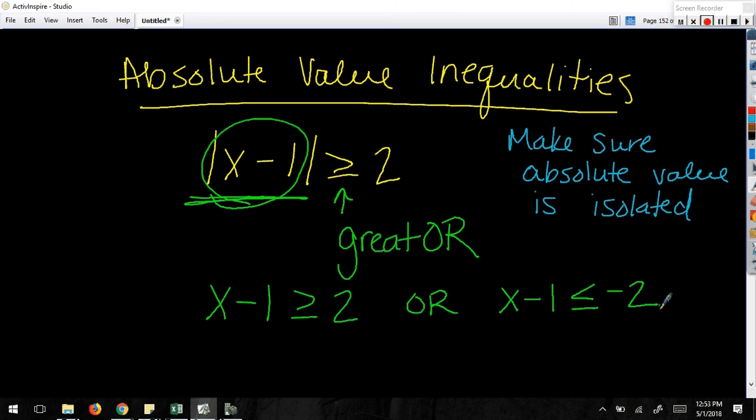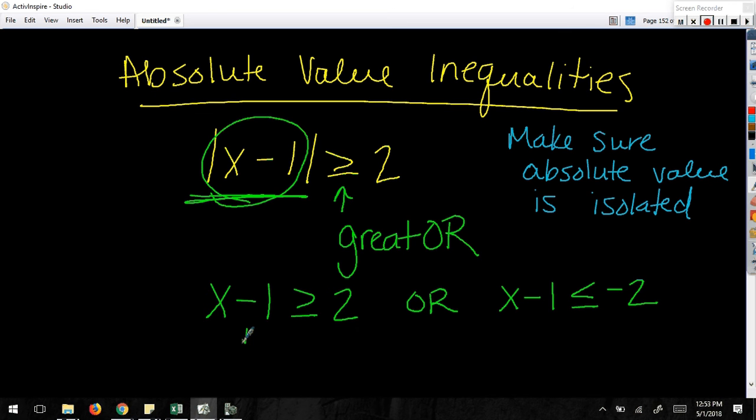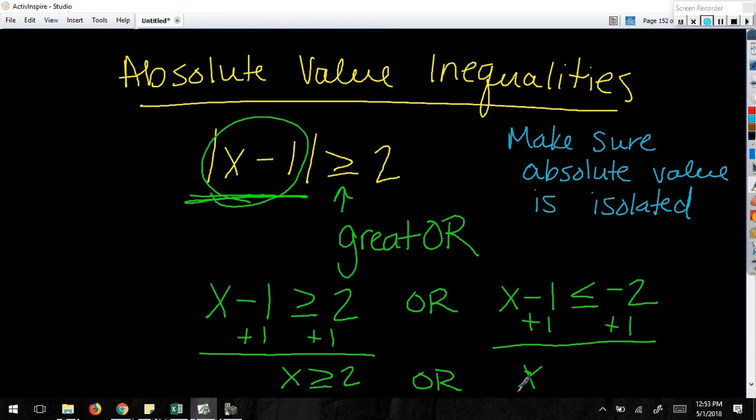These are pretty easy to solve because they are linear inequalities, and I can just solve each one for x. So I can add 1, and then I can say or, and add 1 here and get x is less than or equal to -1. So this is the algebraic solution.